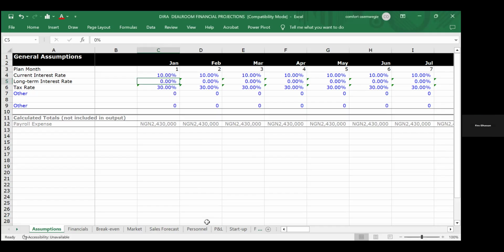But the commercial banks, I think it's almost about 30. I'm not too sure. So oftentimes it's around 36%. Between 36 and 40 something, but most of them charge 36%.